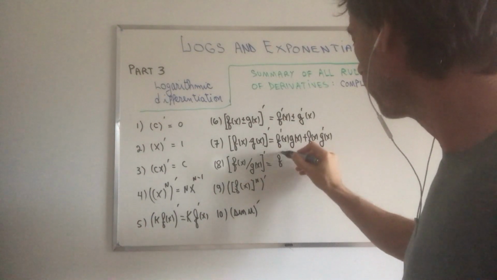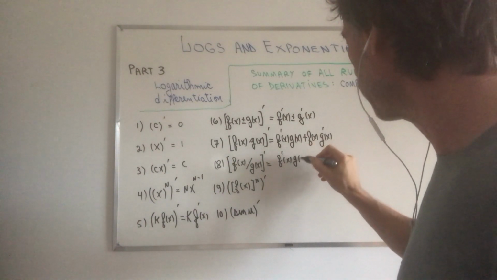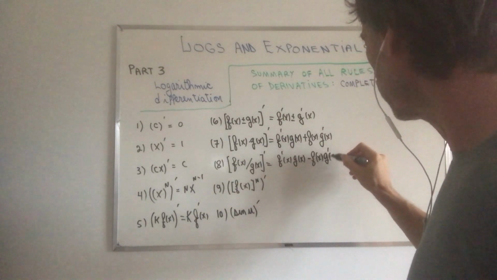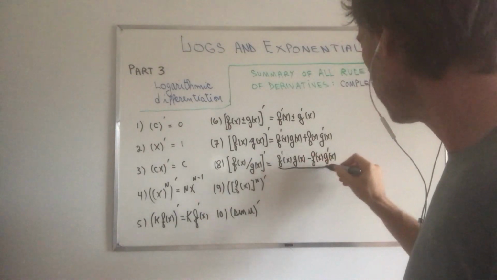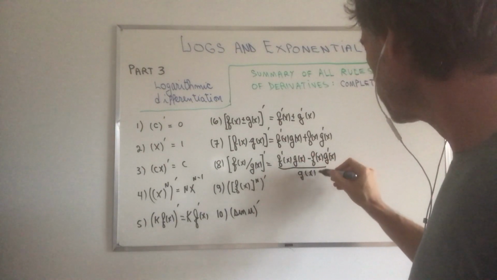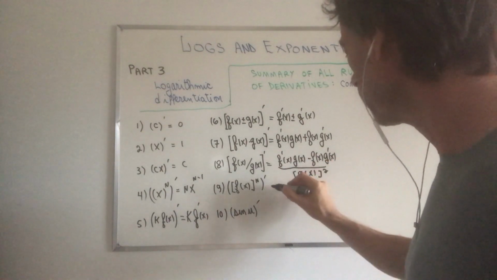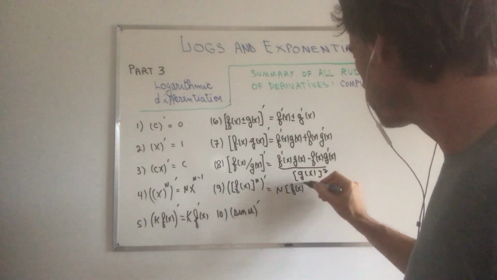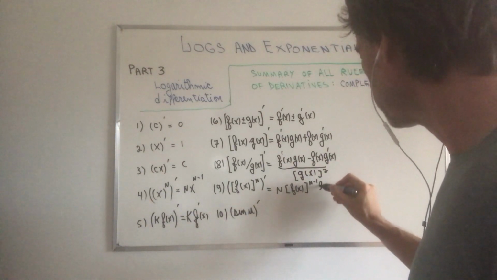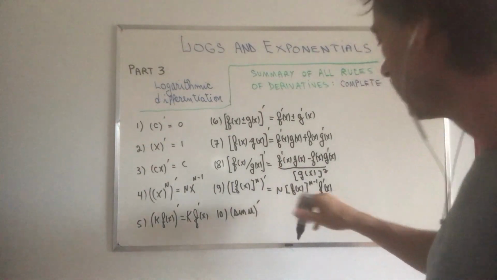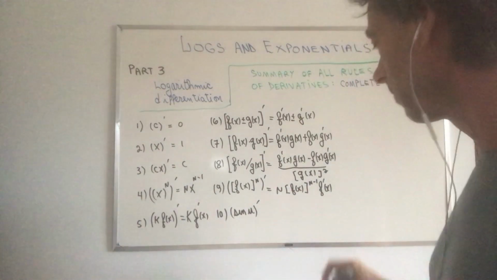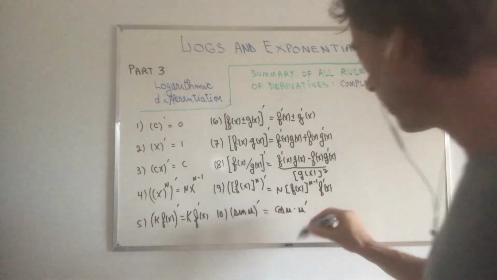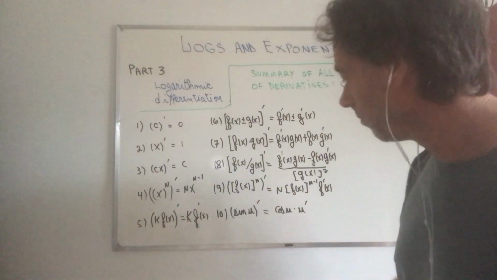This is f prime g minus f g prime. You will remember that this is over g squared, g of x all squared. We know this, we've got that. This is n f of x to the n minus 1 times f prime of x. This is our first encounter with chain rule. And this is cos u times u prime, another encounter with chain rule with a u prime.